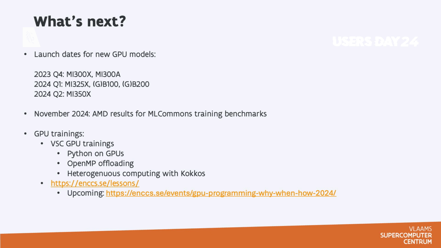I skipped over that part a bit, but it's an official attempt at standard machine learning benchmarks, and they have a competition that does training benchmarks. AMD will submit results this year, but they're not there yet. We expect them in the middle of November this year at the Supercomputing conference in the States.